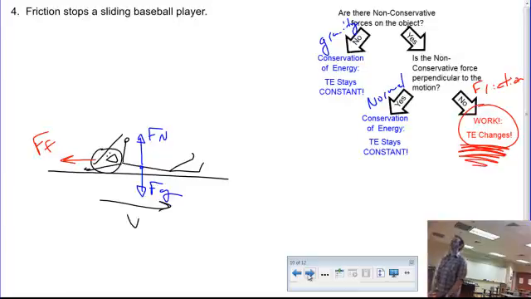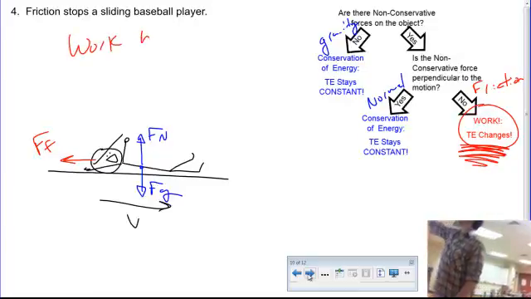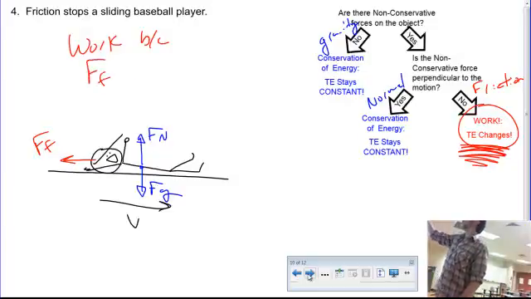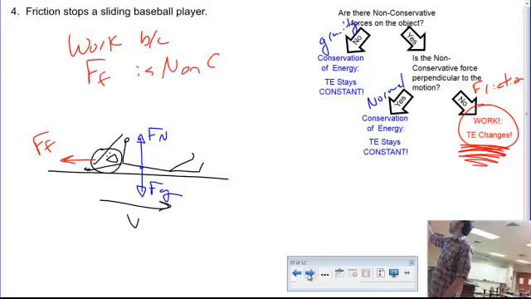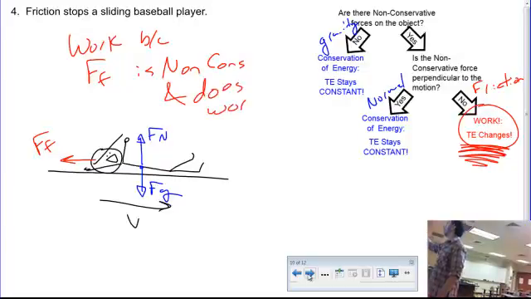So this is a work problem because the force of friction is non-conservative and it does work, i.e. the force of friction is not perpendicular to the motion.